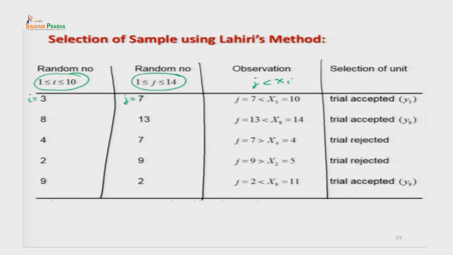Now you have to see the condition j is less than xi. If I write it very clearly, j is equal to 7, and what is xi here? xi is actually x3, and this value is 10. So now you have to see whether 7 is less than 10 or not.